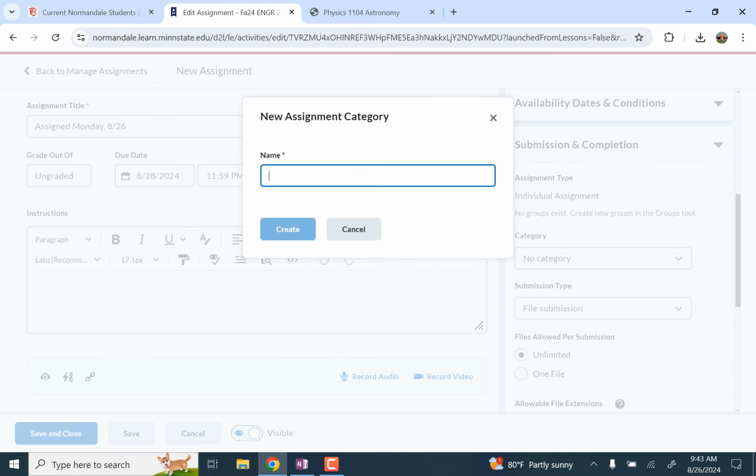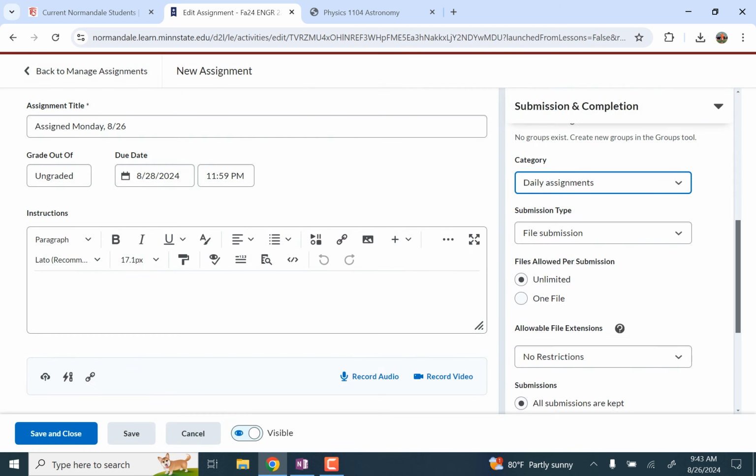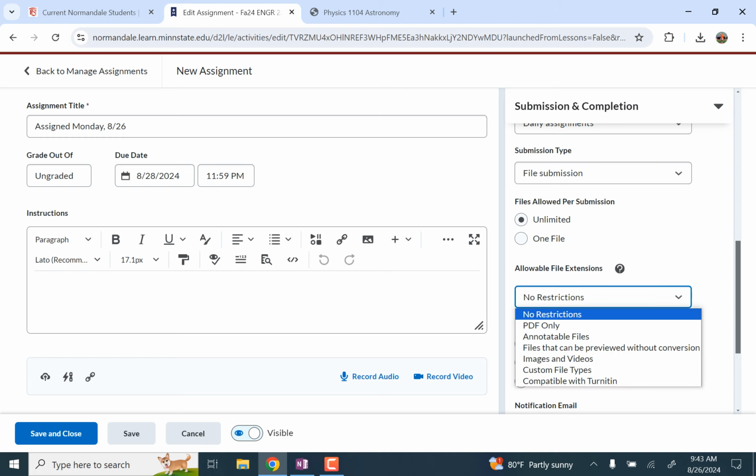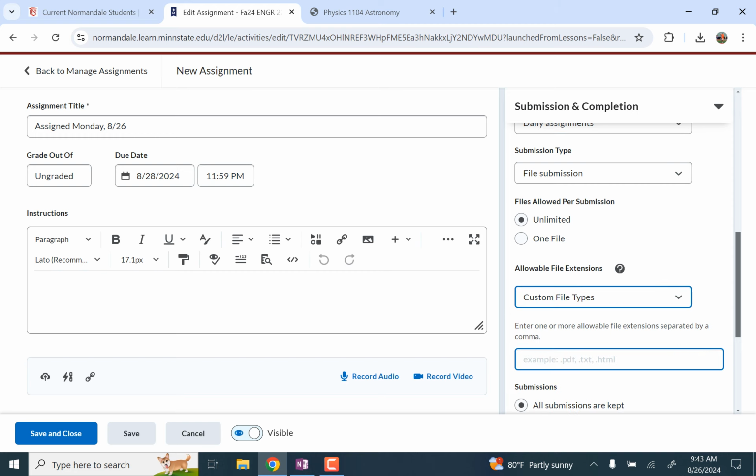And this is going to be under the category daily assignments. And then you can turn this in as a PDF, a JPEG, TIFF file, BMP, or a Word doc.